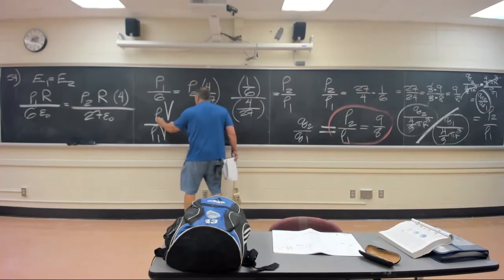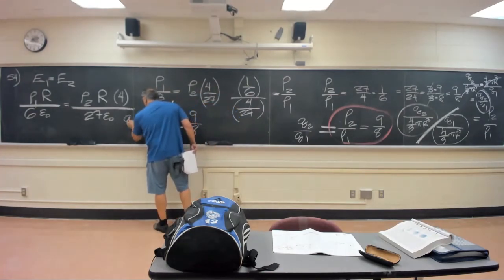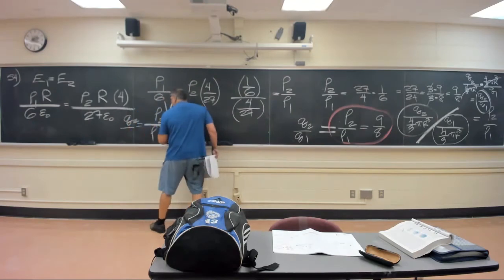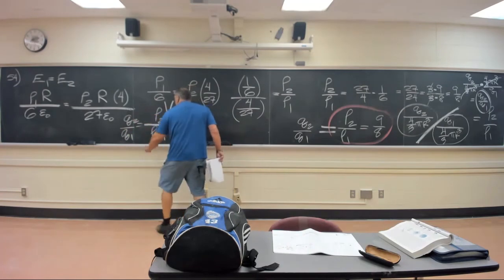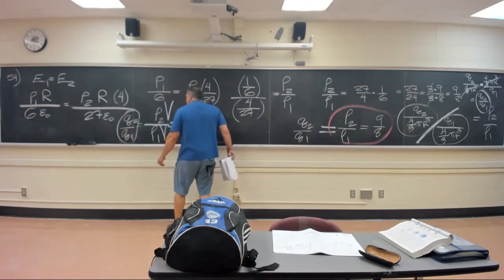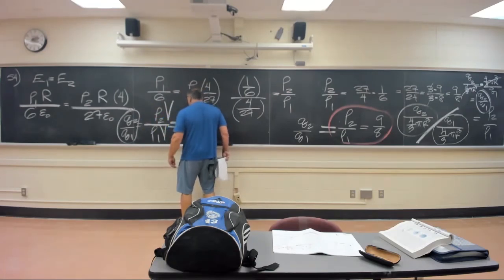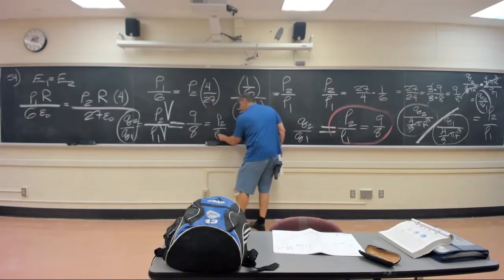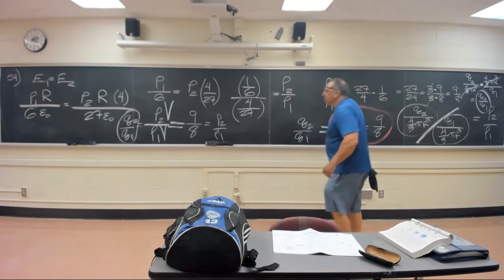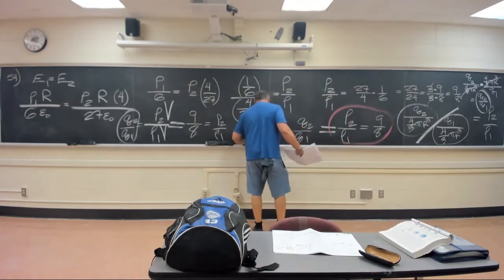But wait a minute. Rho times volume is Q. Put the appropriate Q there, Q sub 2, Q sub 1. Q sub 2 over Q sub 1 is rho 2 times volume divided by rho 1 times volume. At the end of the day, that was what we already had, rho 2 divided by rho 1. A lot of ways to go around in circles here, guys.